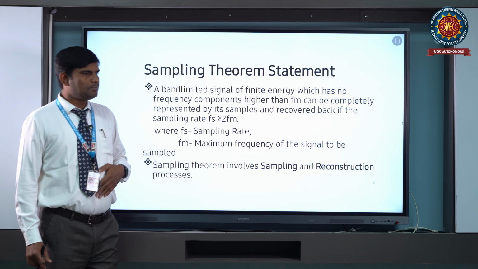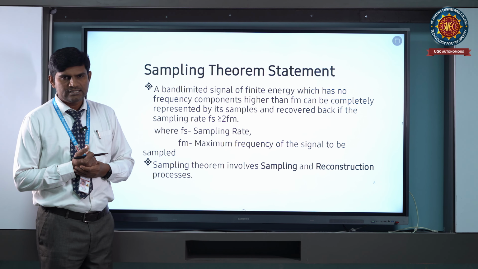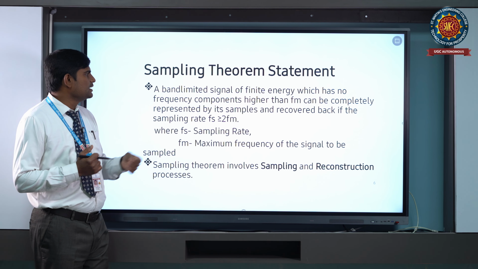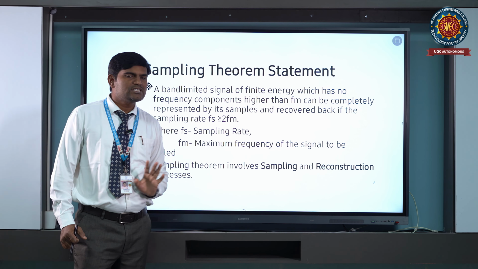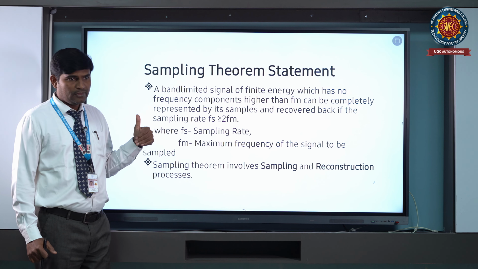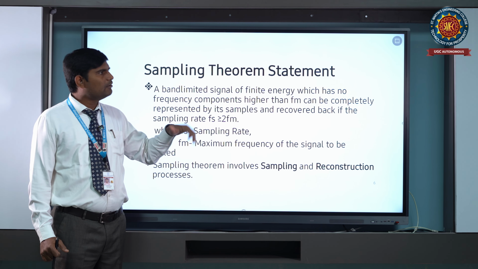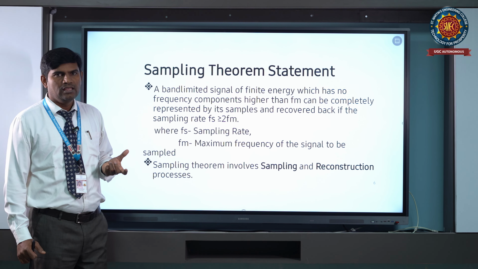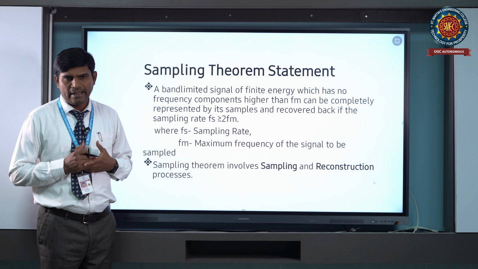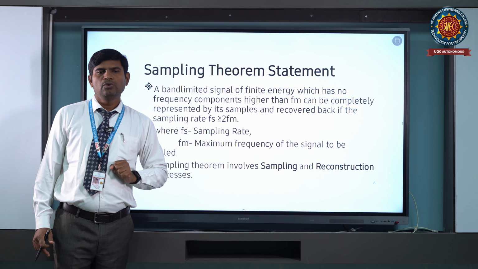Coming to the statement of the sampling theorem. The sampling theorem states that any band limited signal of finite energy, which has no frequency components higher than Fm, can be completely described by its samples and recovered back to the original signal if the sampling rate Fs is greater than or equal to 2Fm.